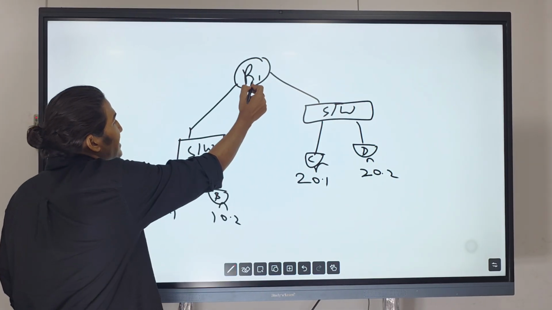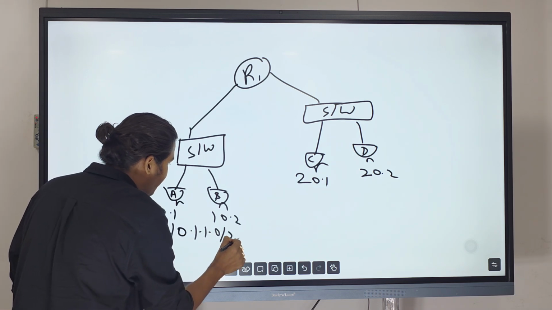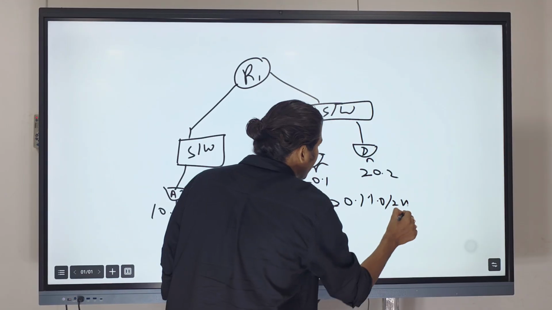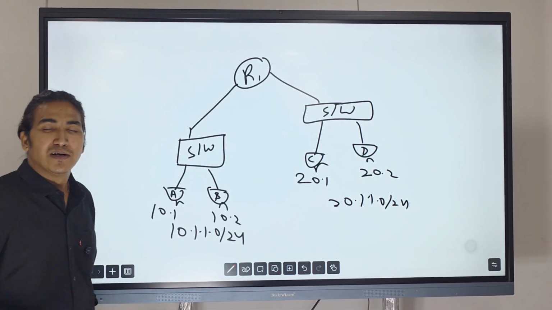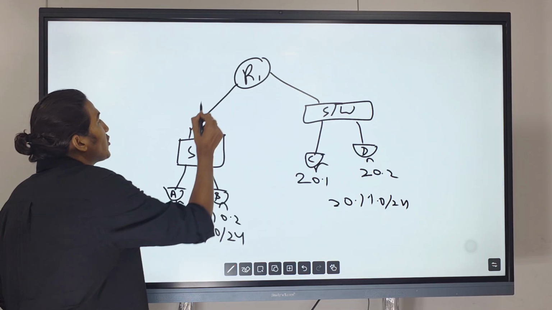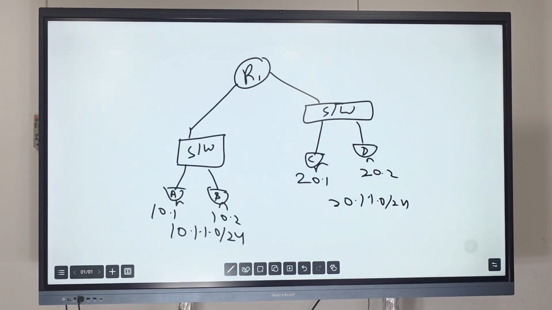So you can see the router is connecting two different subnets, 10.1.1.0/24 and 20.1.1.0/24. It is connecting two different networks. Question: how is the router going to process the traffic? How is the router going to forward the traffic?